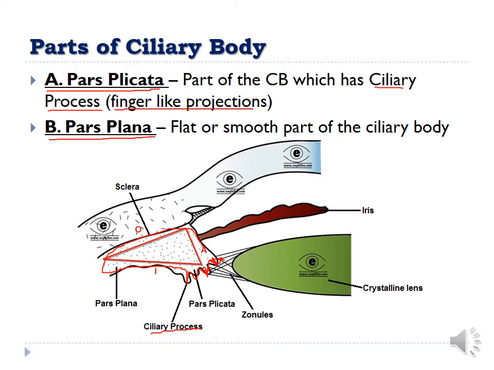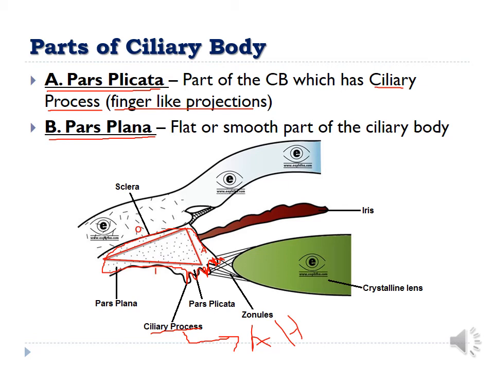Now what is important about the ciliary process? The ciliary process is the place where aqueous humor is produced. The aqueous humor produced by the ciliary process enters the posterior chamber, through the pupil it enters the anterior chamber, and through the anterior chamber angle and trabecular meshwork the aqueous goes out.